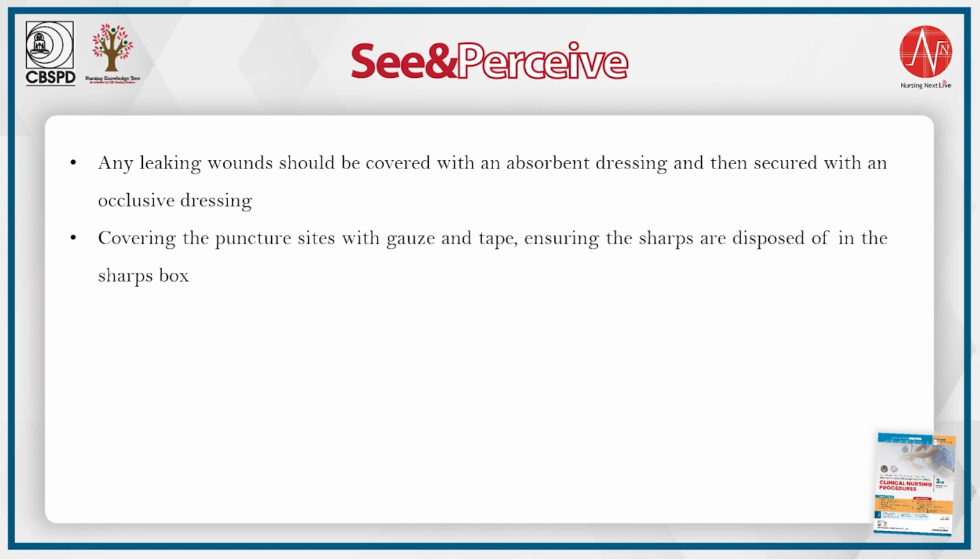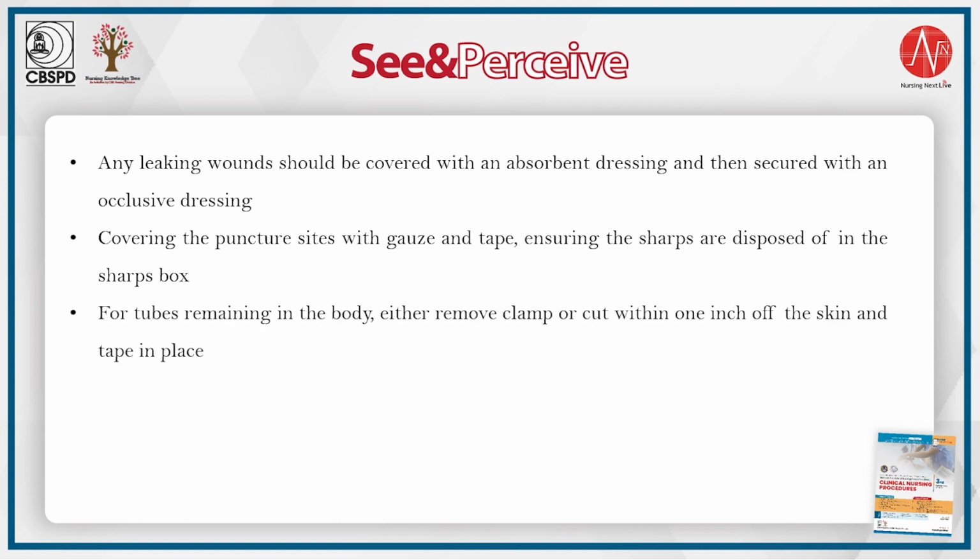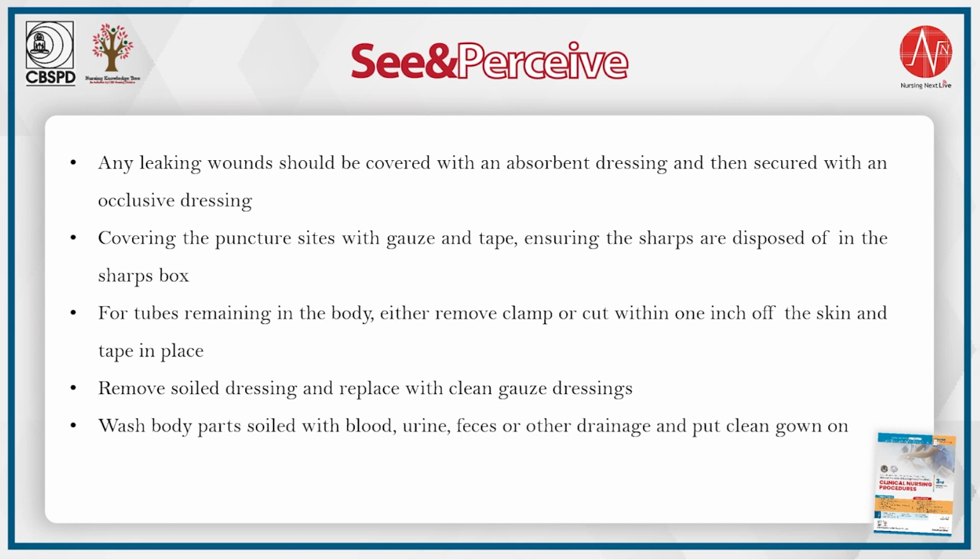Covering the puncture sites with gauze and tape, ensuring the sharps are disposed of in the sharps box. For tubes remaining in the body, either remove clamp or cut within 1 inch of the skin and tape in place. Remove soiled dressing and replace with clean gauze dressings.